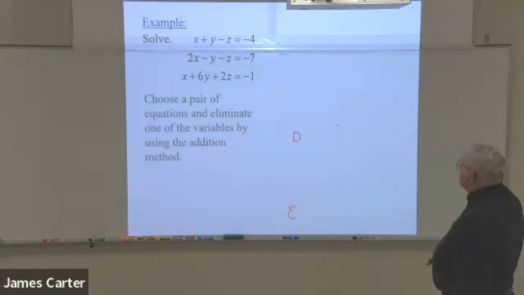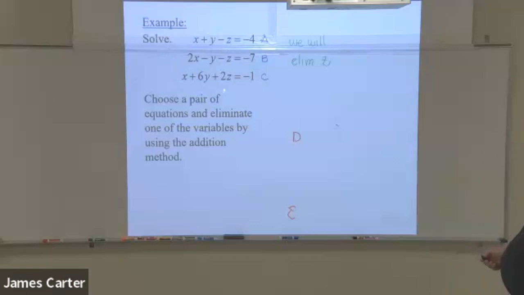In this case, it says choose two and eliminate one variable. There's equation A, B, and C. And I'm going to choose to eliminate Z because overall it's kind of got the nicest numbers when you compare all three equations.